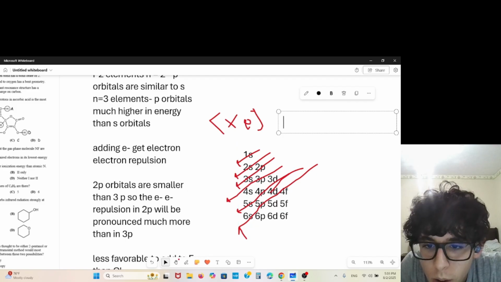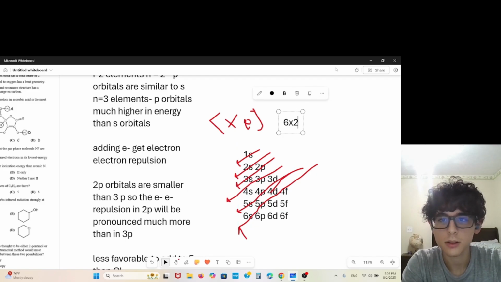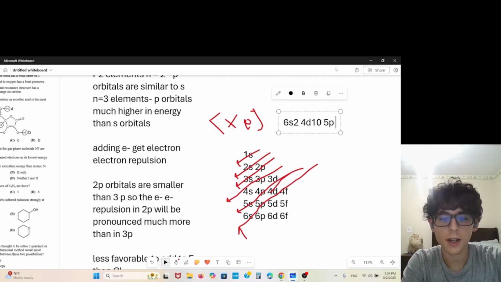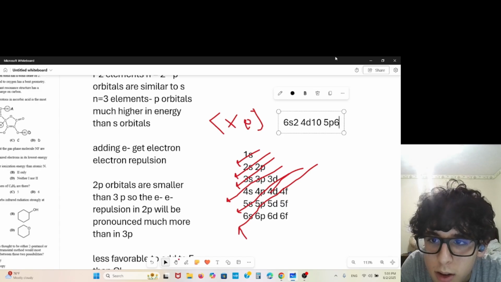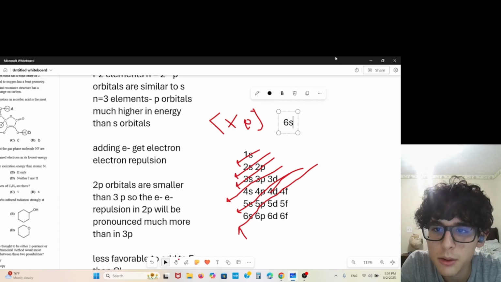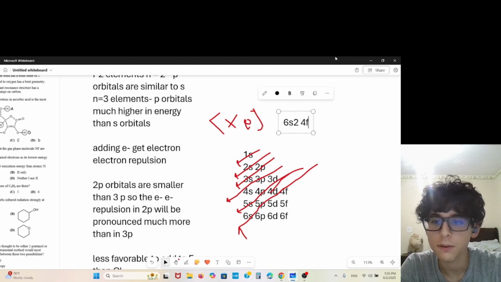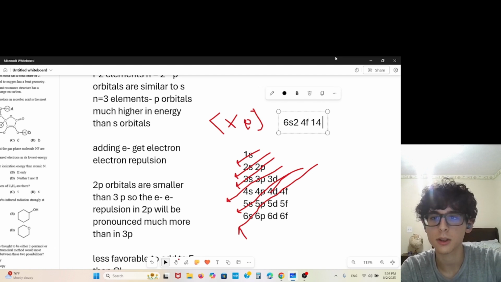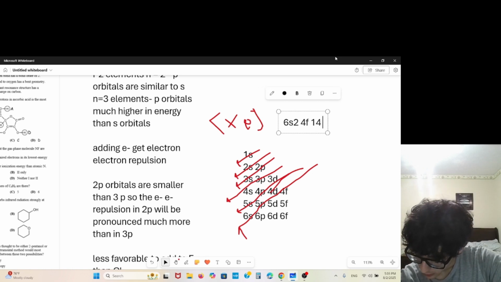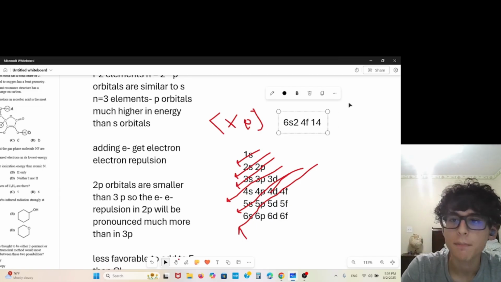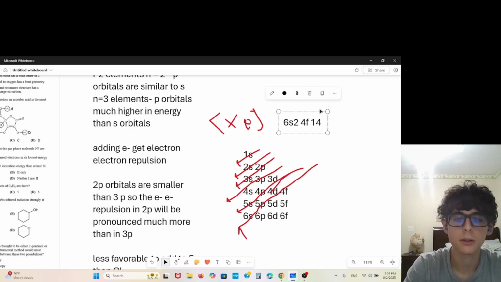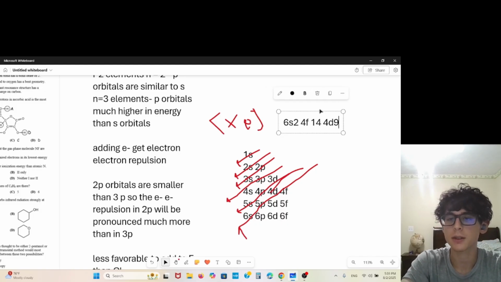So you're going to go 6s2, 4f14, and 5d10. So we have 9 electrons left. So 49. Perfect. It matches up.